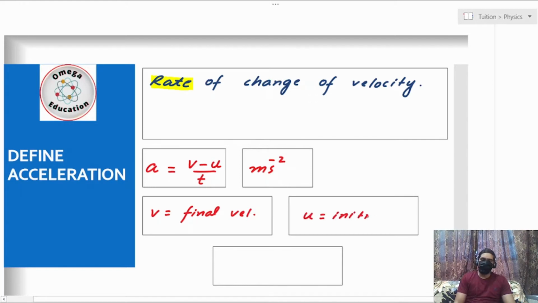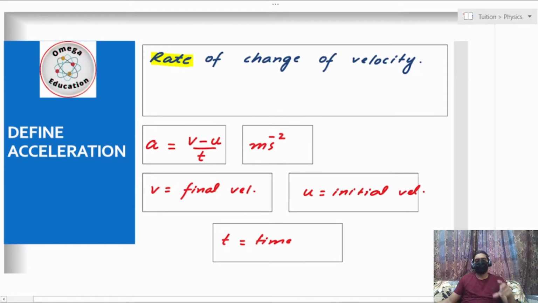You can also call it initial speed or initial velocity. And t represents the time during which the velocity changes from u to v. The time during which the velocity changes, that represents t. So this is the standard definition, the standard formula of acceleration.